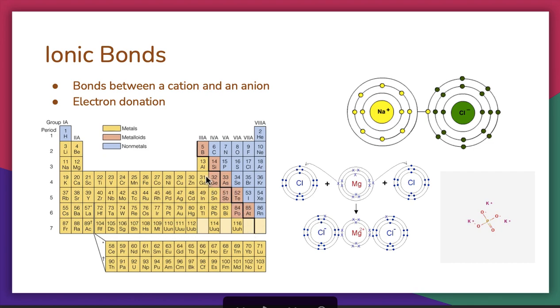Everything to the left of it is a metal, and everything to the right of it is a nonmetal. So this diagram has the metals in yellow and the nonmetals in blue. An important thing to remember is aluminum is the one exception in this, because everything has exceptions in chemistry.